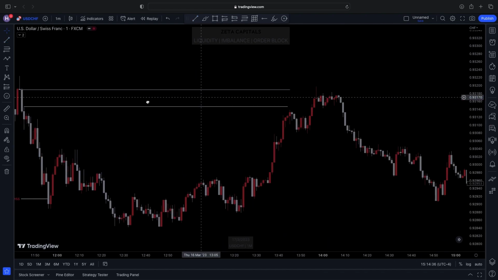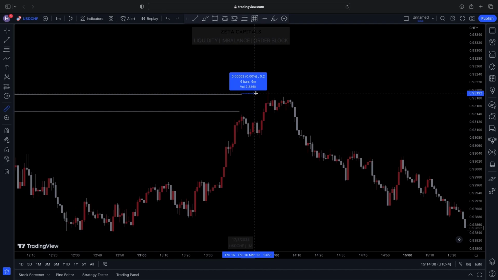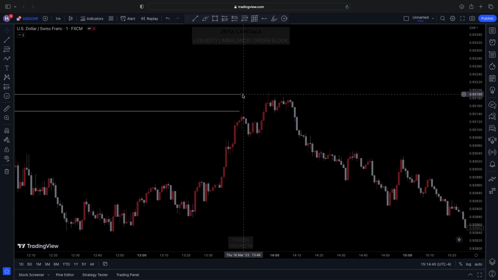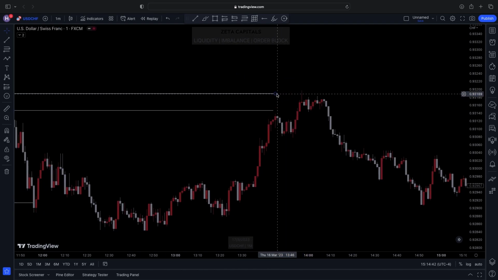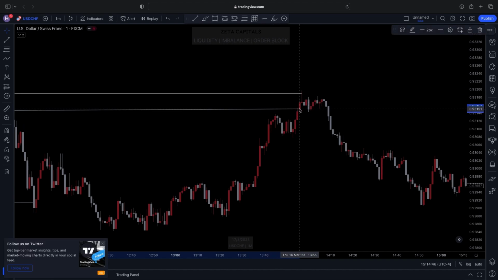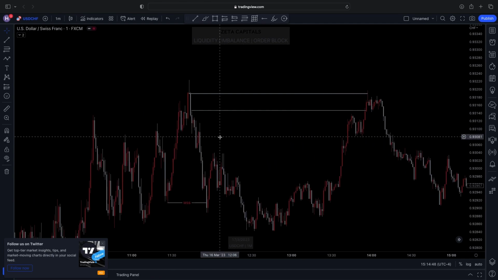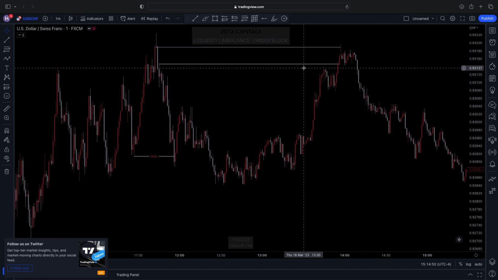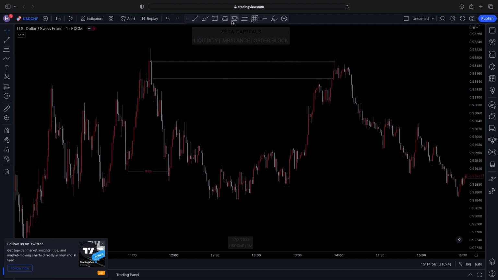Let me just extend it. See, this extreme fair value gap exactly got filled at our extreme POI. So what I told you guys: just put a limit order and enjoy the move.